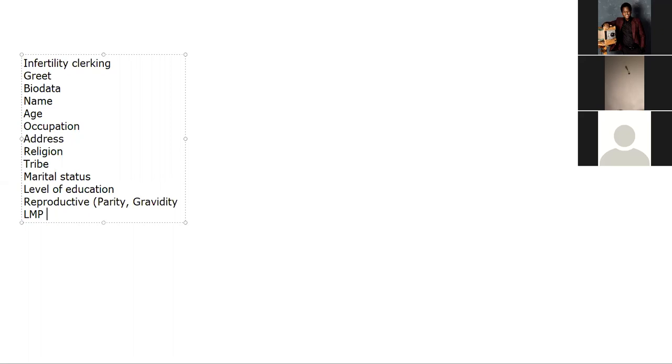So these are the basic things you should know: how many children the person has, if the person is pregnant, the expected date of delivery, and the exact gestational age. And you want to know the last time the person saw the menstrual period. These are the basic things you want to know under reproductive profile.